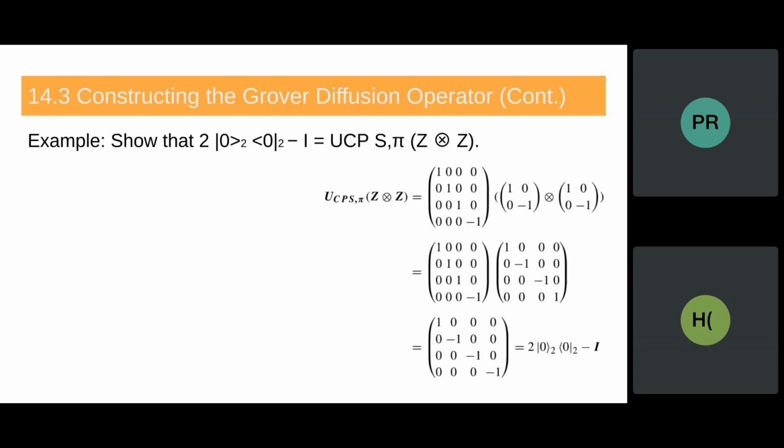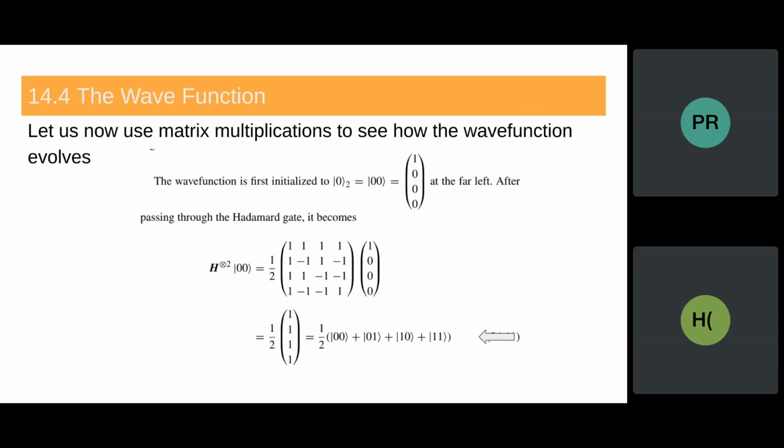Ultimately, the construction of the Grover diffusion operator is shown here using the UF, that is the unitary control phase shift by pi, Z by Z, and this is the same thing. We are just computing through matrices or through circuits, and ultimately we end up with the same thing.